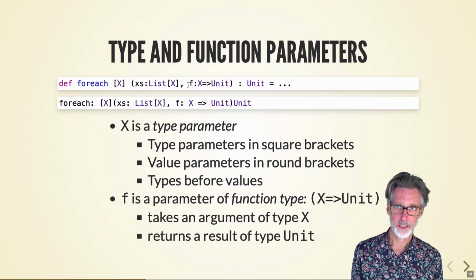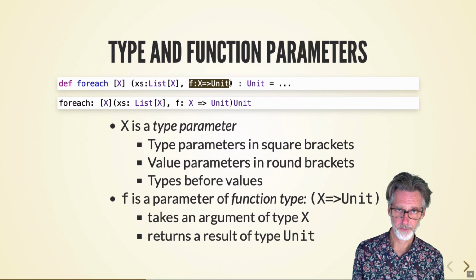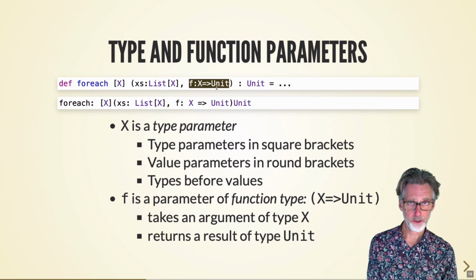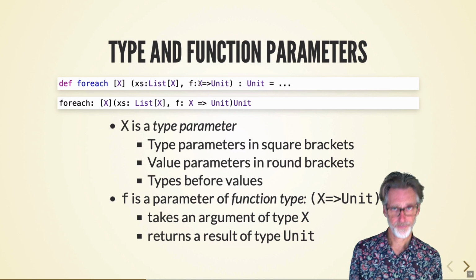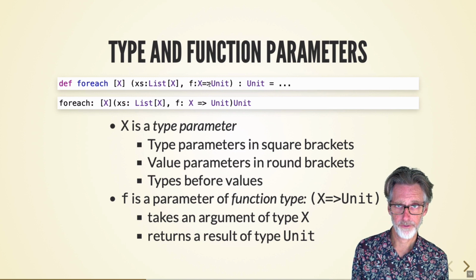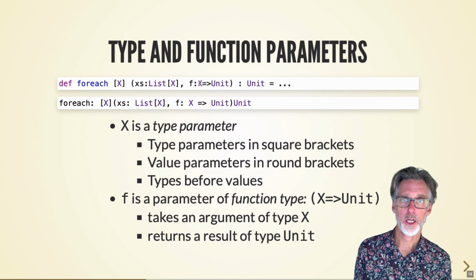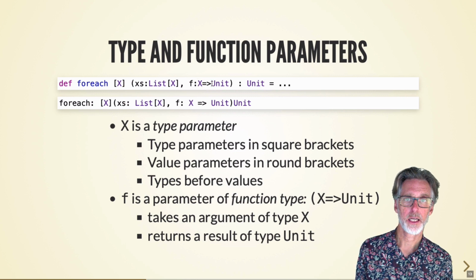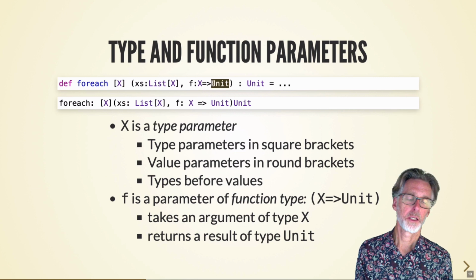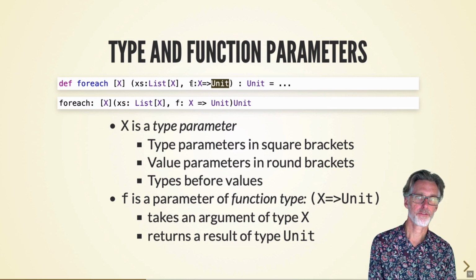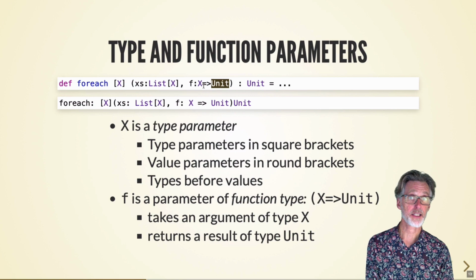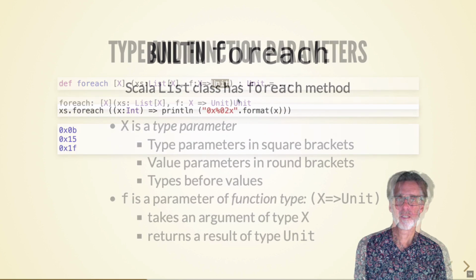F here is a function type. It's a value of function type, where the function type is indicated by the fat arrow, so similar to the lambda notation, and the argument of the function is an x and the result is unit. So the way to read this is that f is a function that takes x and gives you back unit.